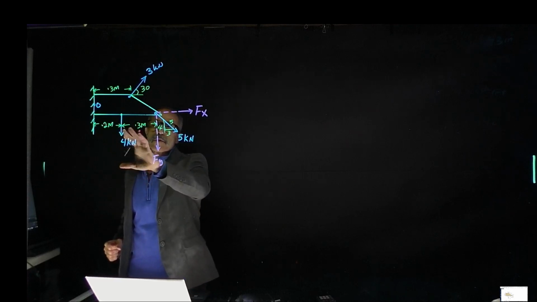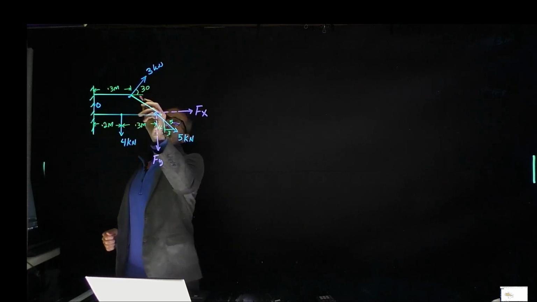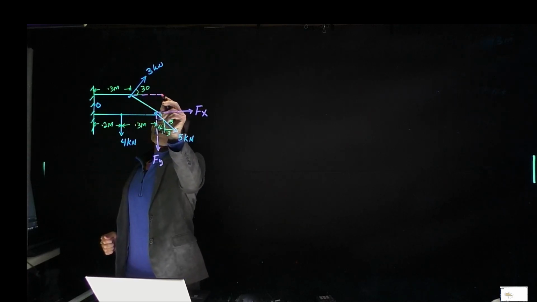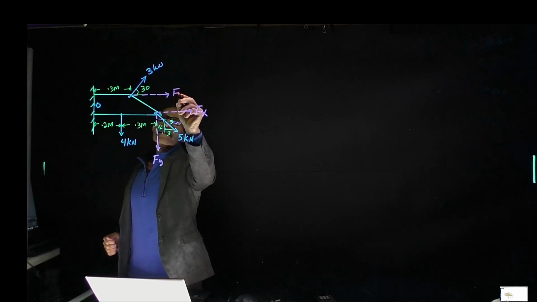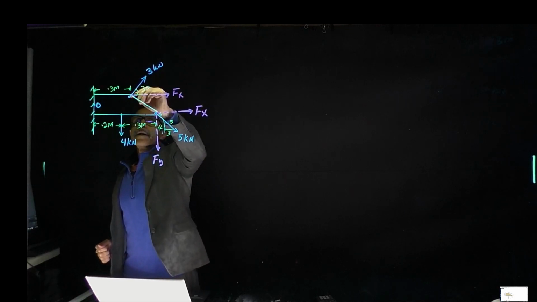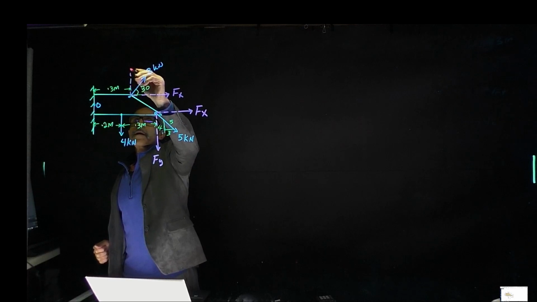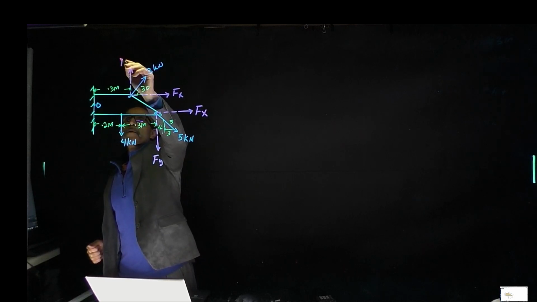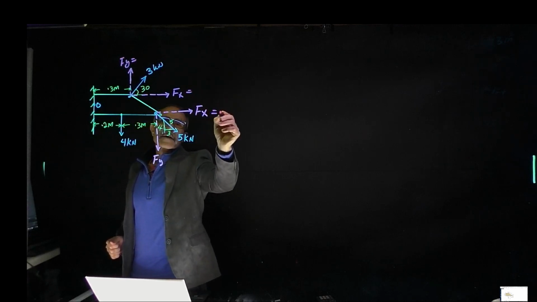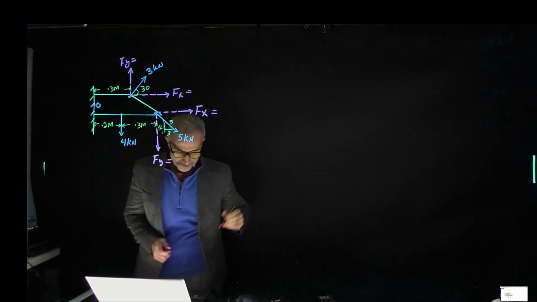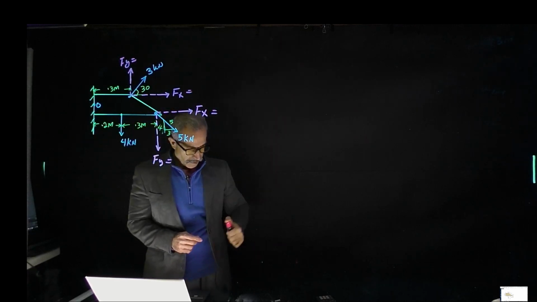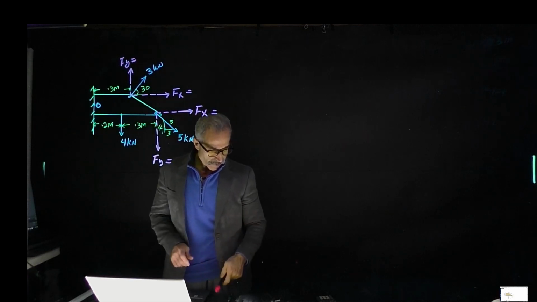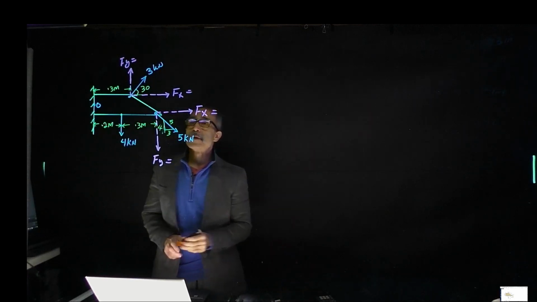This one I already have F of y, we don't have to do anything. Let's do the same thing over here. F of x, and this is F of y. All right, let's figure out what they are. My marker is giving up on me, so I'm going to use a different color.